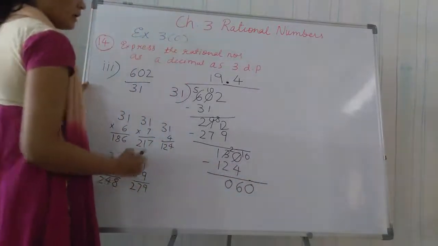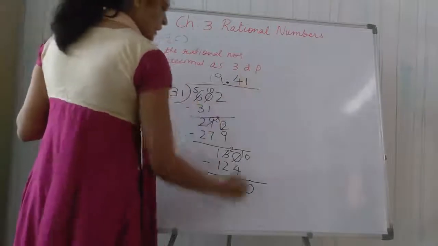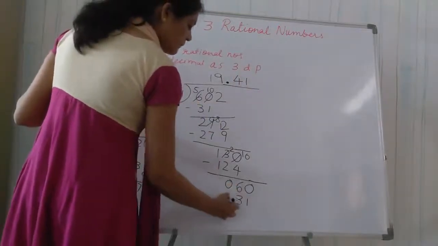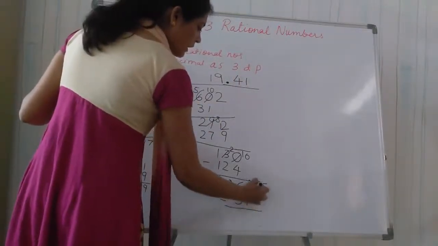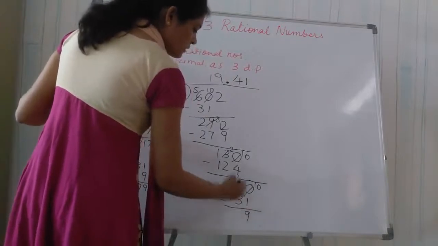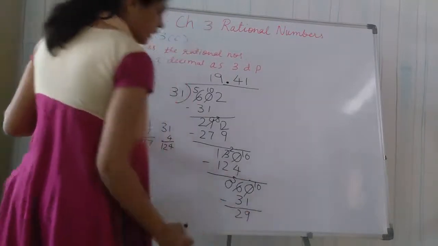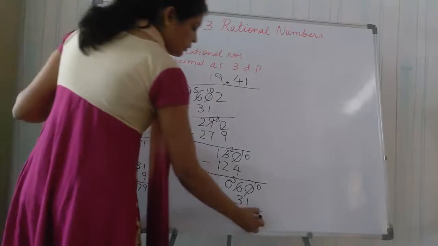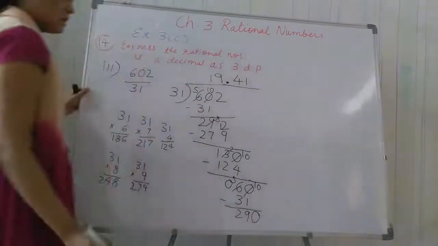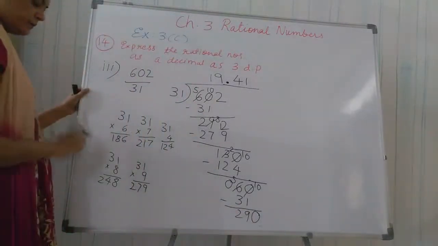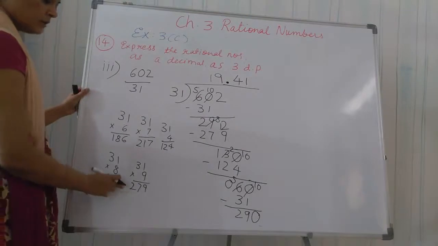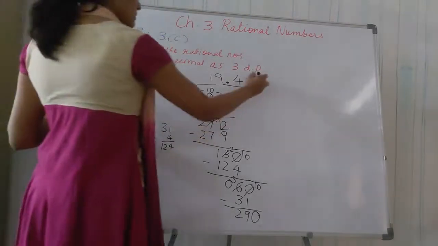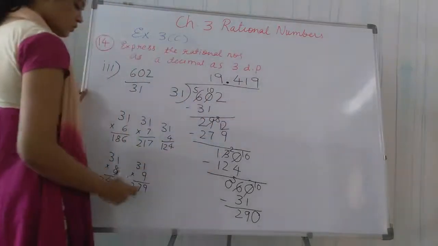Now again I put one more 0. So I can take 31 ones are 31 again. Subtracting, I get this is 29. Again I can put one more 0 here. So I get 290. And for 290, the smaller number is 9s are 279.